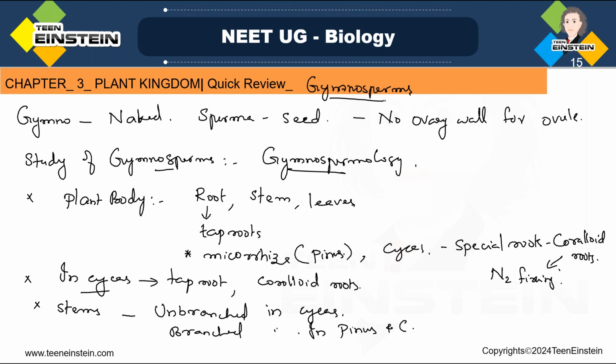So in the plant body you can see the differentiation into root, stem and leaf. In Cycas you can see taproots and coralloid roots, and the stem is unbranched. But branched stem is also there, which is found in Pinus and Citrus type of plants. Clear?